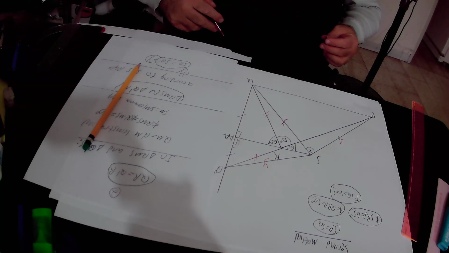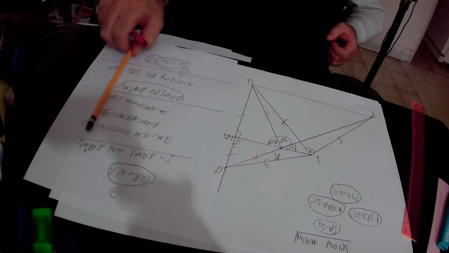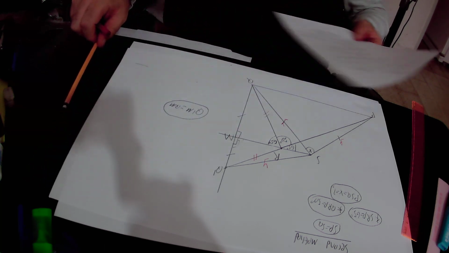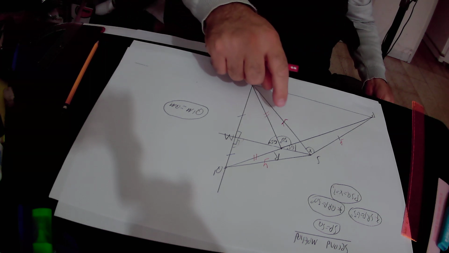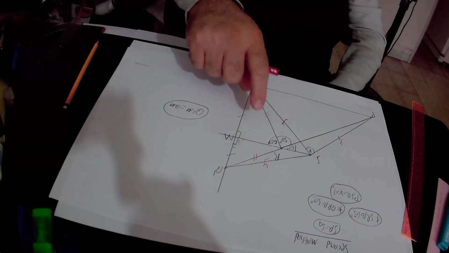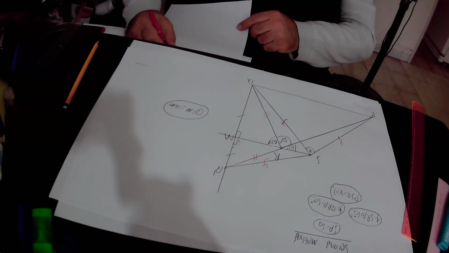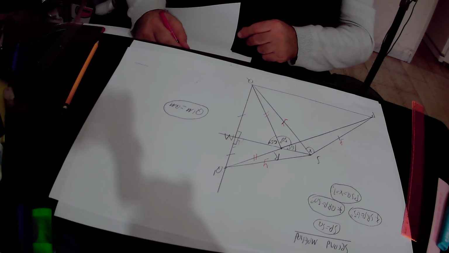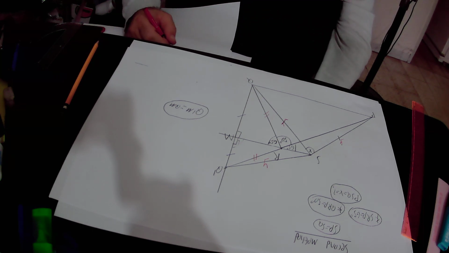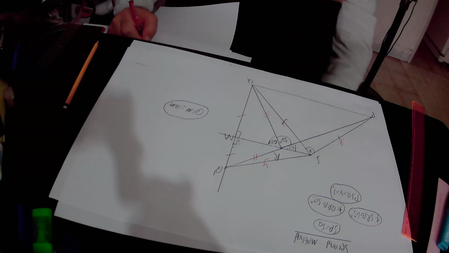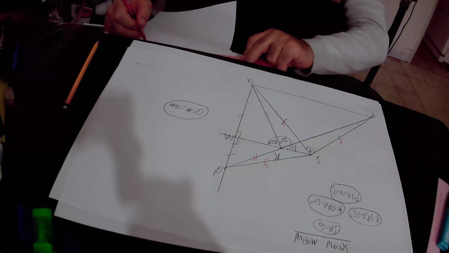So in the next step we will focus on triangles SRQ and SRQ dash. In triangle SRQ and triangle SRQ dash, we will actually prove that those two triangles can go into each other.